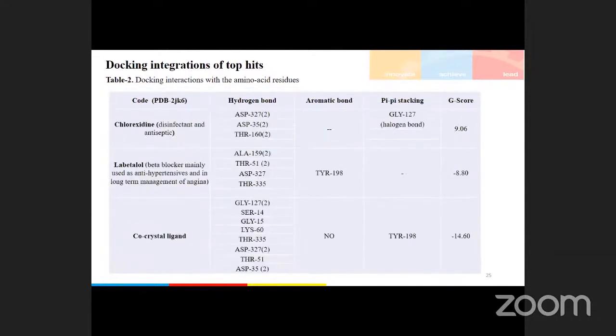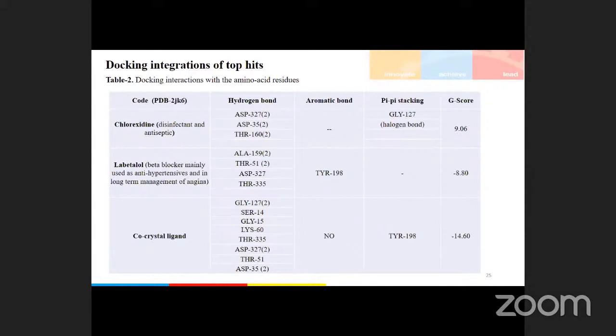Then the fourth compound we identified is chlorhexidine, which is mainly a disinfectant and antiseptic. Then the fifth hit is labetalol, a beta blocker mainly used as an antihypertensive as well as for treatment of angina pectoris. So these are only the 5 top hits.